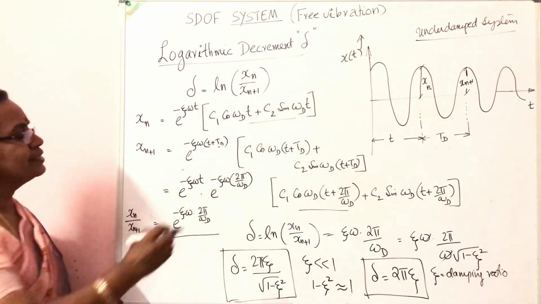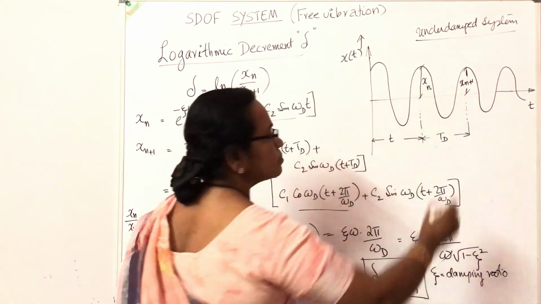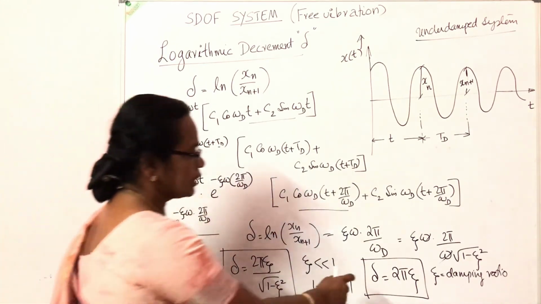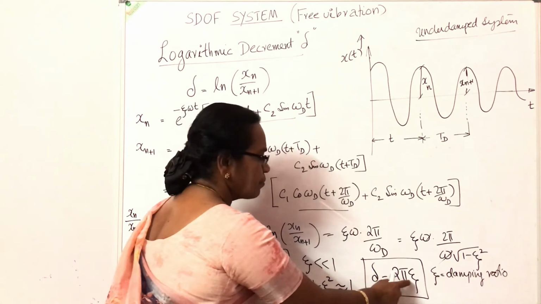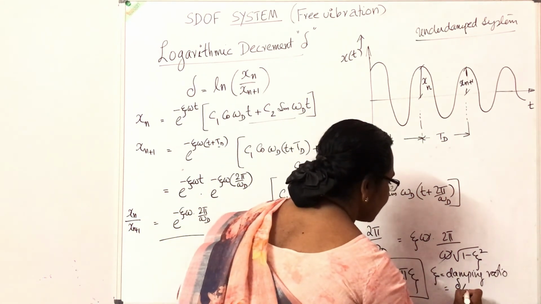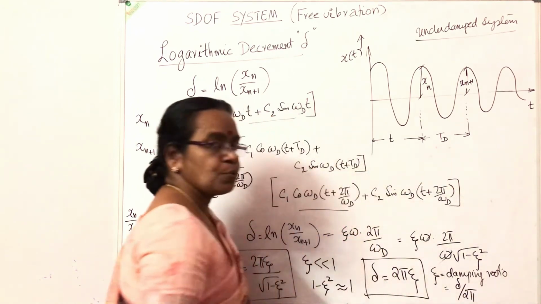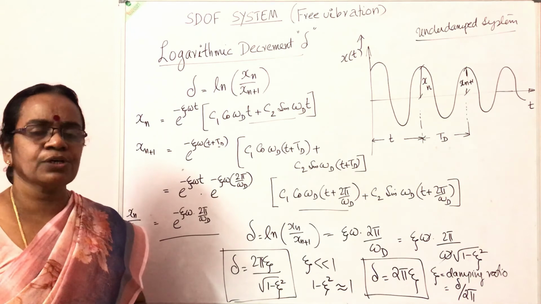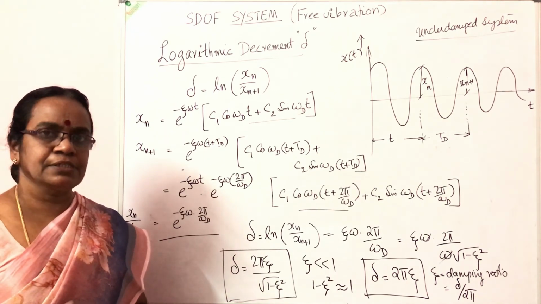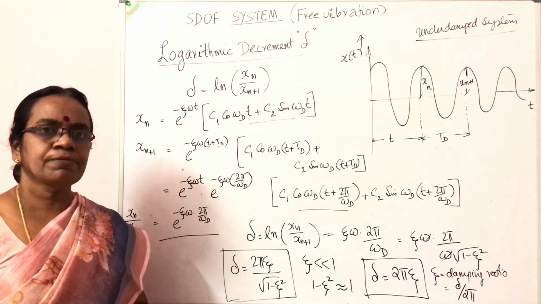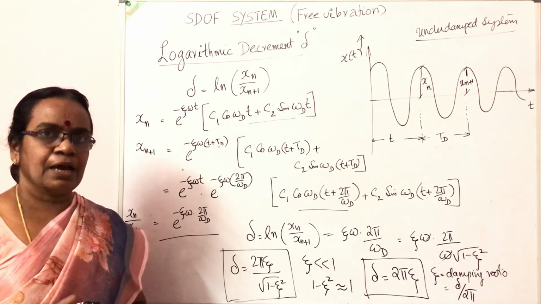So if you measure two successive amplitudes and take the natural logarithm of their ratio, that will be delta. From that we get the damping ratio psi equal to delta by 2 pi. Thus, we can get a measure of the damping present in the system from the measurement of successive amplitudes.